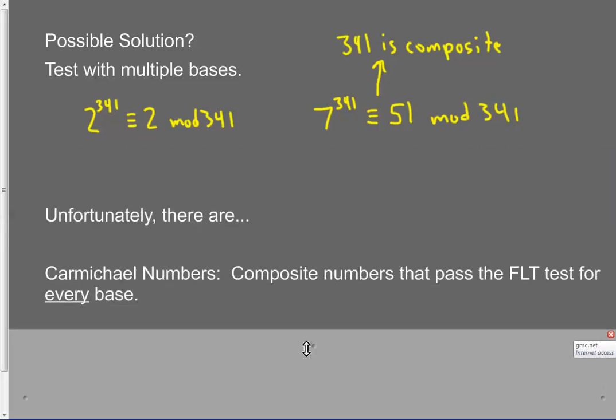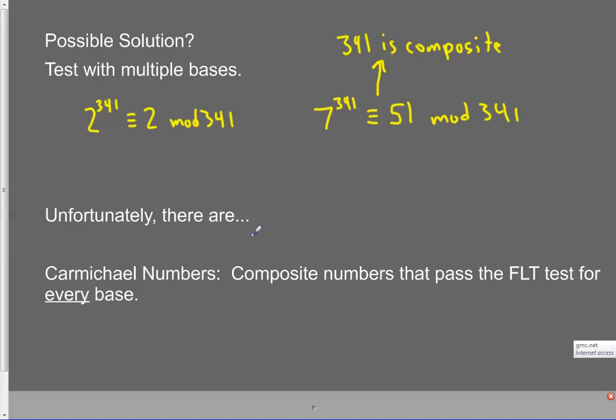And then, unfortunately, there is the nightmare scenario of composite numbers that pass the test for every base.